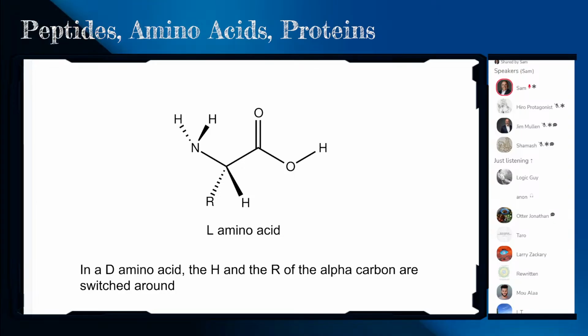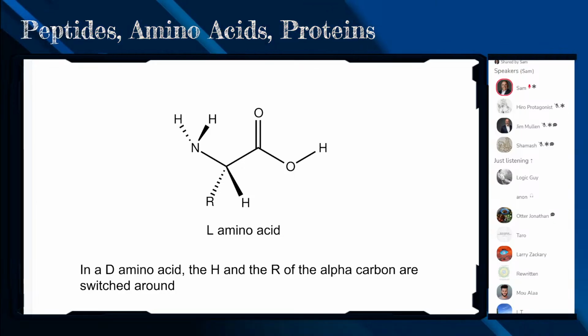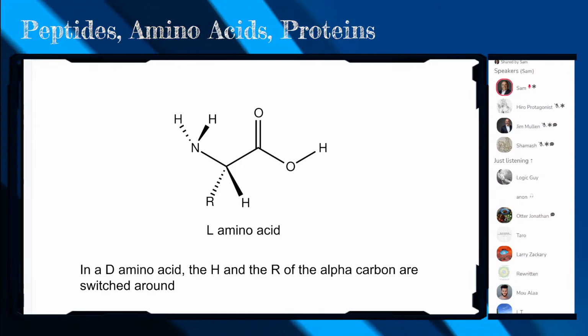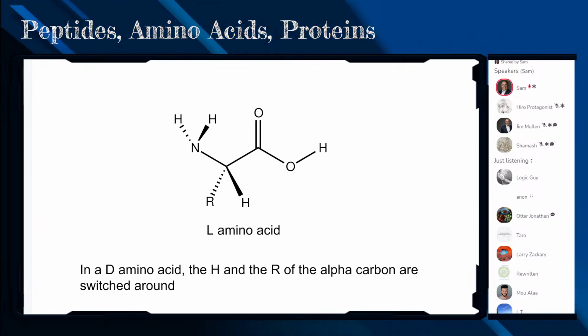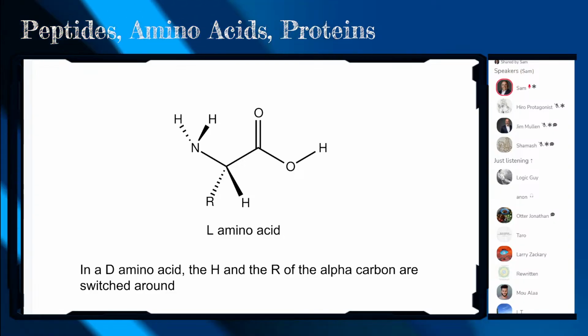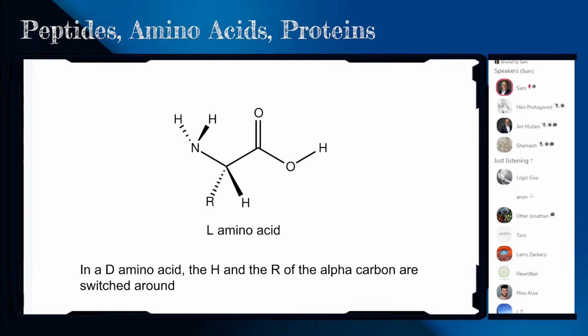So we chemists use the nomenclature of R and S, which is a method of determining whether something's R or S based on the arrangement of the substituents. And so if I know it's R or S, then I can draw the molecule. But L is the isomer that interacts with biological things, whereas D is the isomer that doesn't interact with biological things.